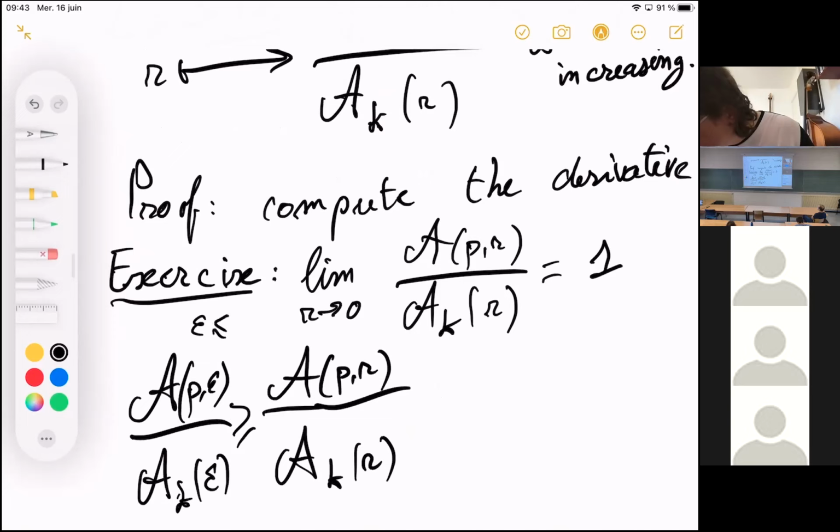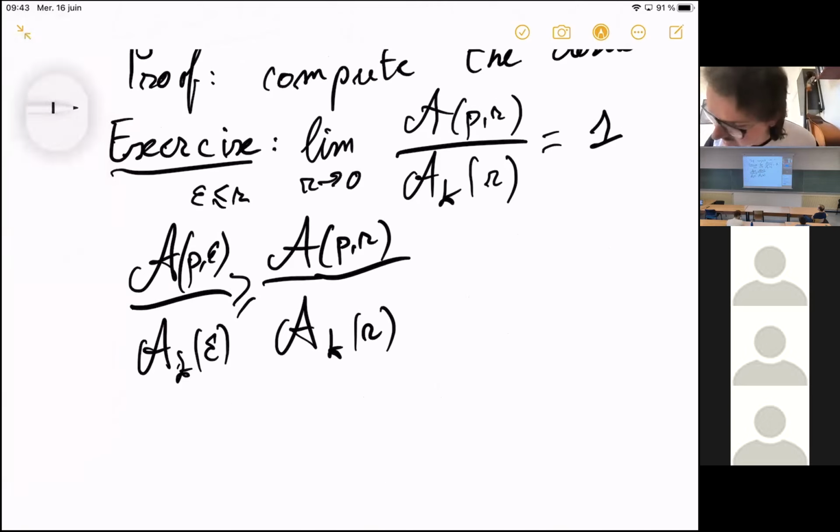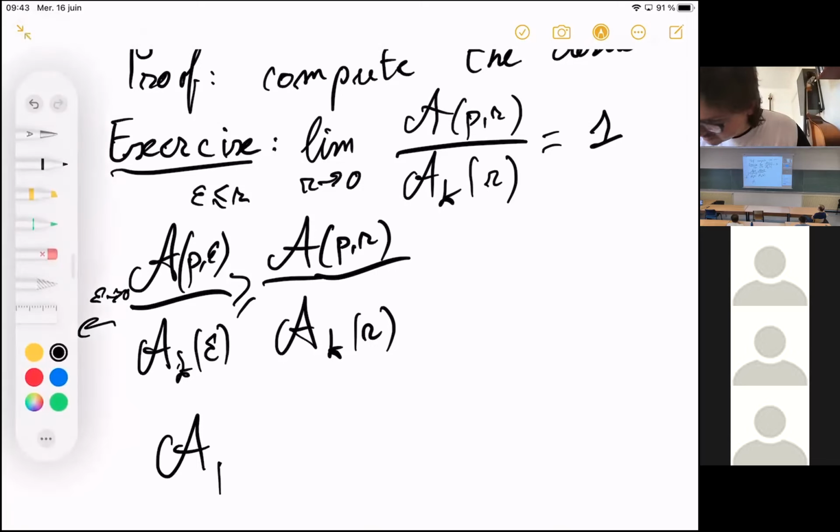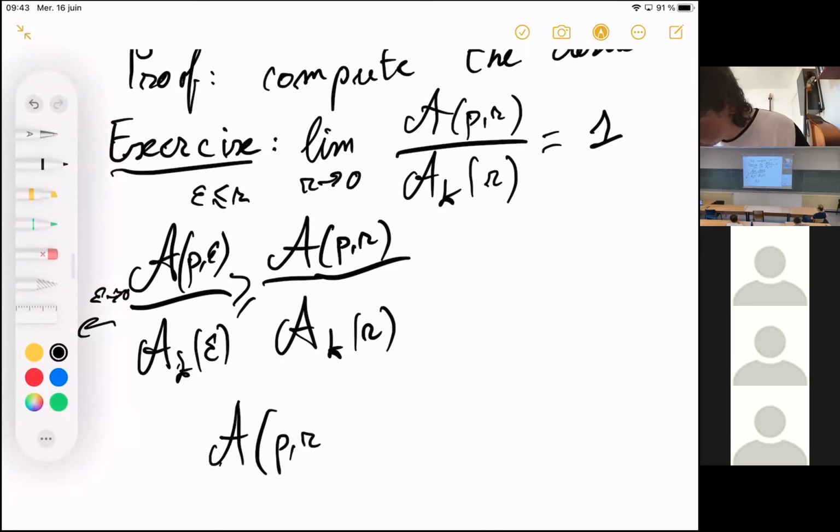So if epsilon is smaller than r, we can have epsilon going to 0. That will give 1, and thus the area of distance spheres is less than the area of spheres in the model space.